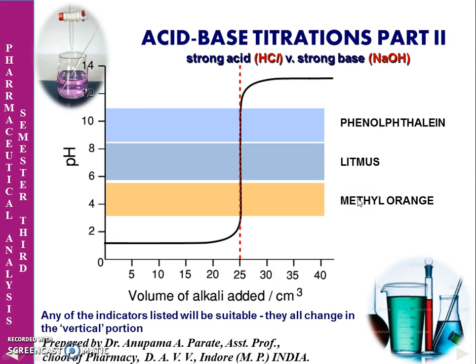Methyl orange responds to the change at acidic pH, litmus responds at neutral pH, and phenolphthalein shows a change in color at basic pH, pink color. So all these three indicator systems can be chosen as indicators in the titration of strong acid and strong base.